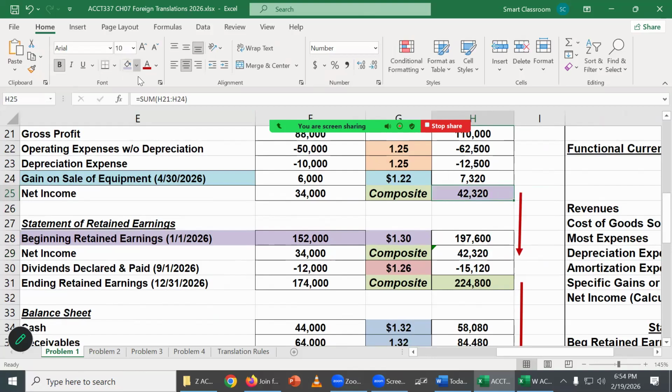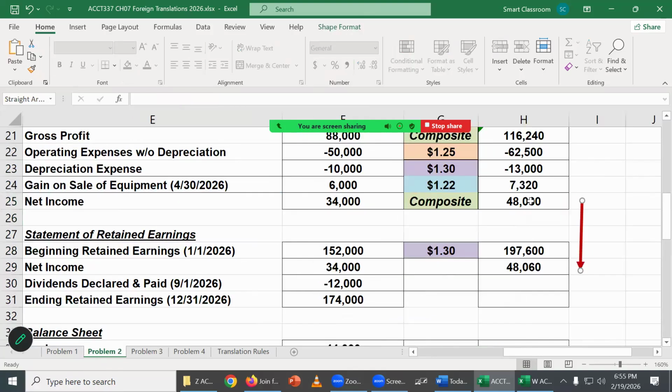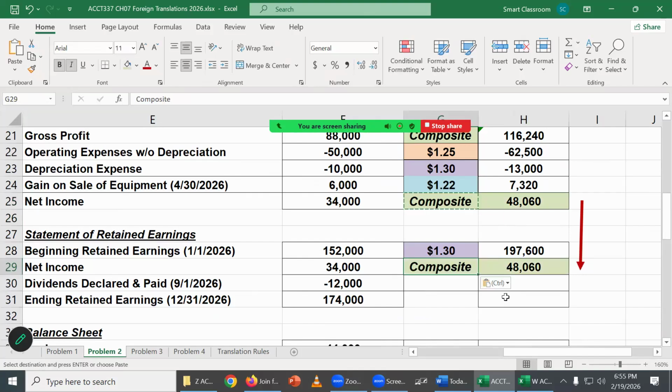Oops. And let's go back to this one. So we're transferring this composite income down. And again, it's a composite rate. You don't need to put that.